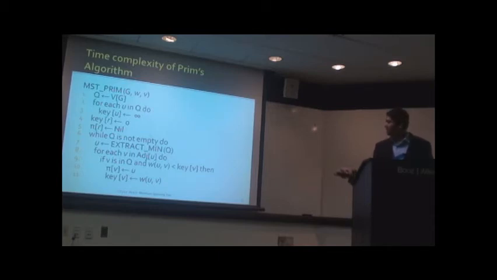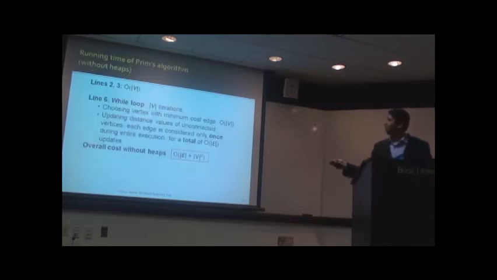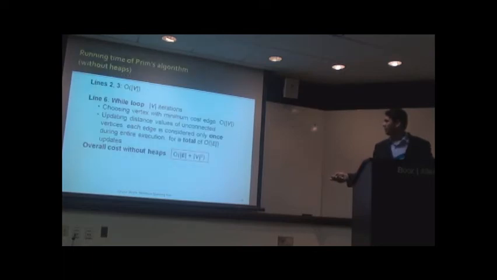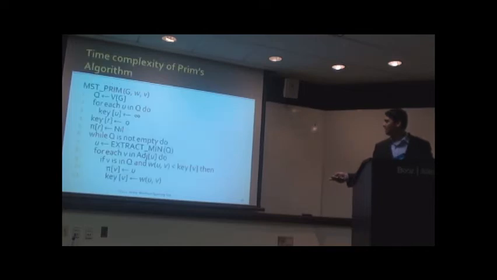So lines 6 and 7 together could take up to order of n squared time, if you implement it without any heaps. If you just implement it as a plain array, then because of lines 6 and 7 there's an order n squared element here, and there was an order e element here because of this aspect.